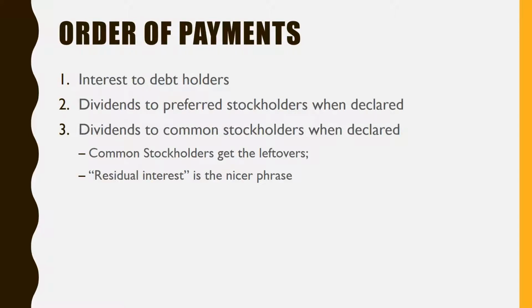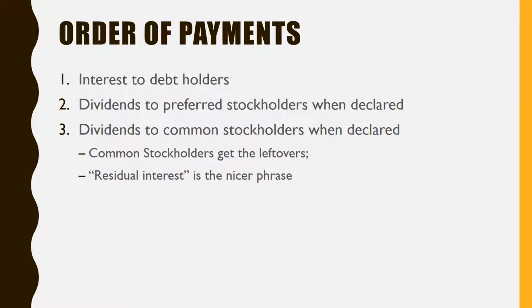We've already alluded to this, but the order of payments, first, the company has to pay the debt holders because that's a legally binding obligation. If they want, they can use some excess cash to then declare dividends for the preferred shareholders. Once the preferred shareholders are paid, then they can pay dividends to the common shareholders.